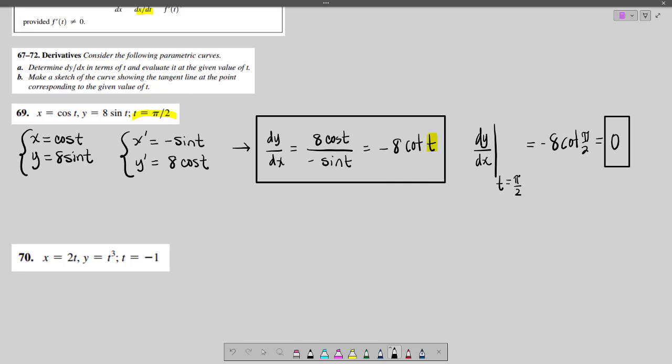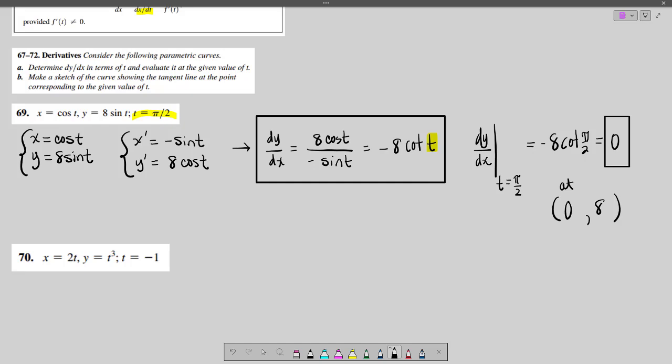So if we wanted to find the ordered pair x comma y, we're going to take the pi over 2 and plug it in here. Cosine of pi over 2 is 0. Sine of pi over 2 is 1. So 0 comma 8. That's where this tangent line is.